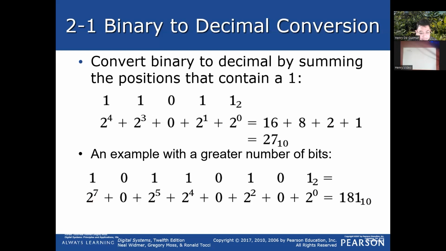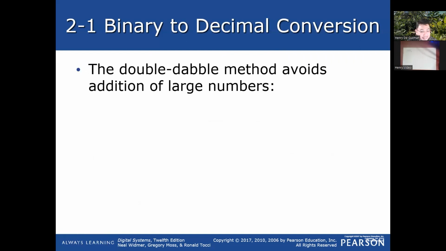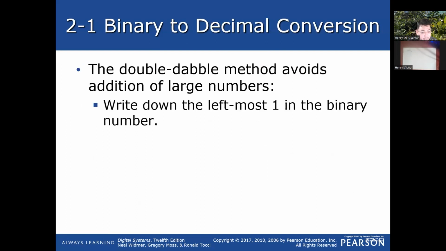Okay, next, you can post a comment or repeat the video if you don't understand. So next, that's one method. Let's have the double-double method, which avoids addition of large numbers. How do we do that?